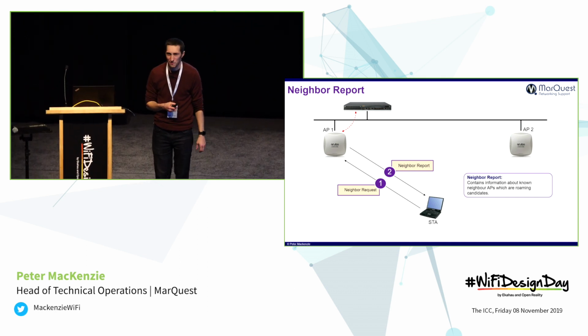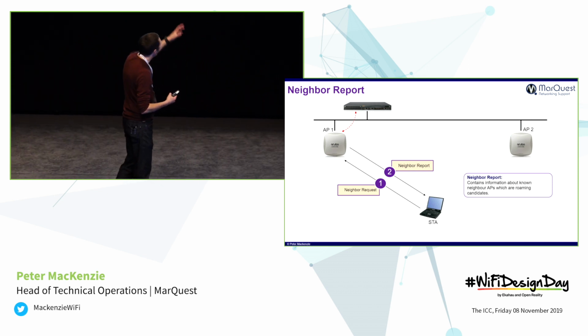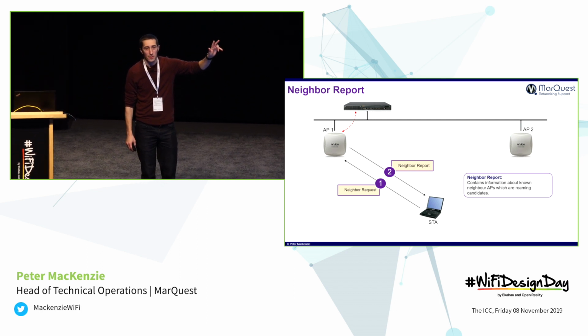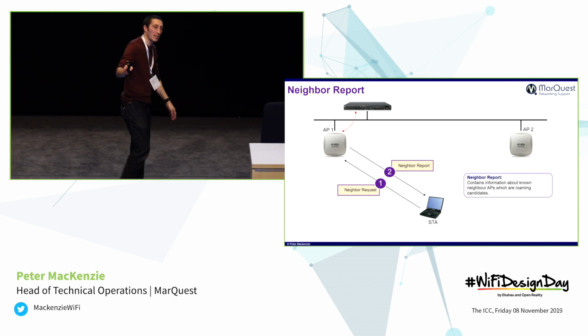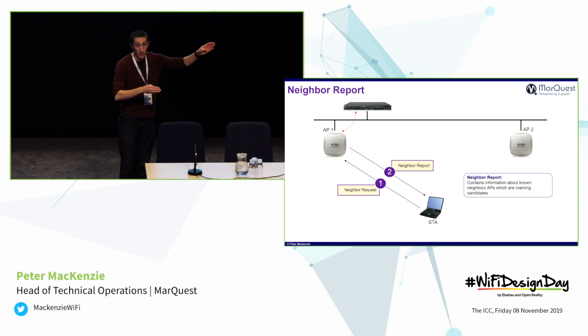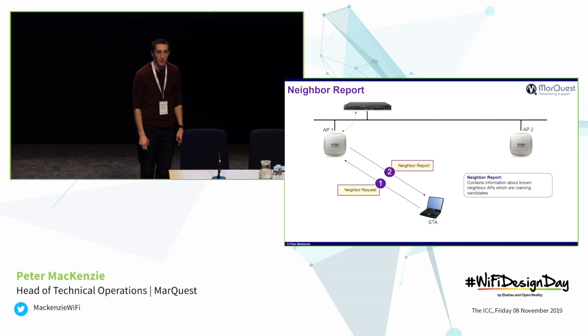Why is that useful? Well, if I get a list of, say, 3 APs I could roam to, then when I get to a point where I've dropped below my roaming threshold, what would a client normally do? Go off channel, start scanning channel 1, 2, 3, and right through all the channels, finding what APs are there to connect to.